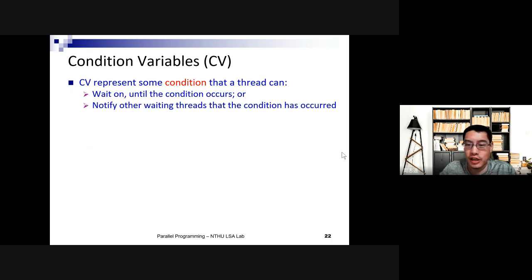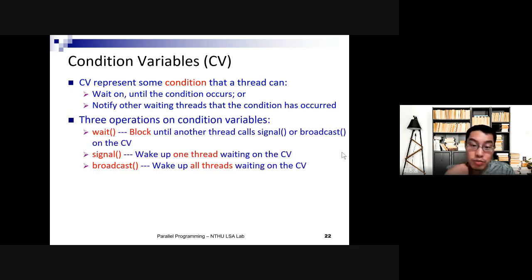And so many synchronizations are based on conditions. So that's why we have the condition variable as another tool for programmers to synchronize between the threads according to the behavior of their threads or processes.